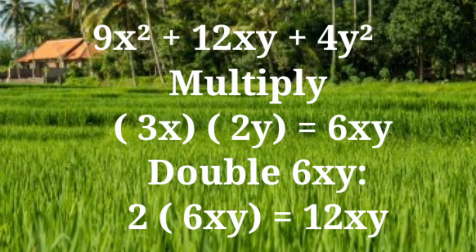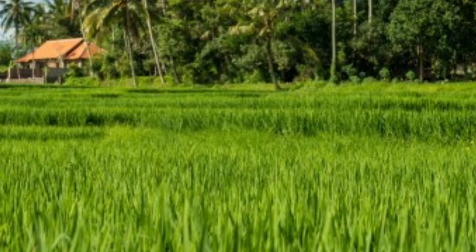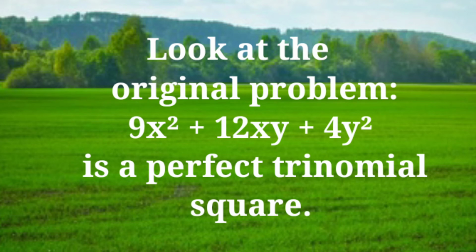Double 6xy, 2 times quantity 6xy, equals 12xy. Look at the original problem. 9x squared plus 12xy plus 4y squared is a perfect trinomial square.